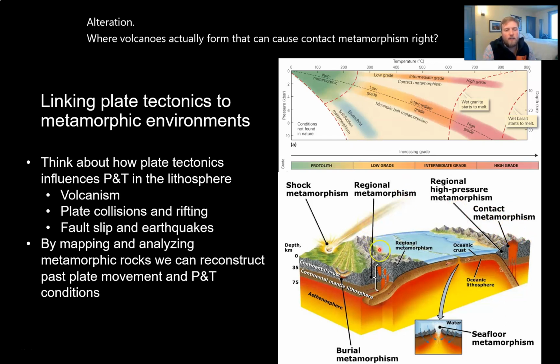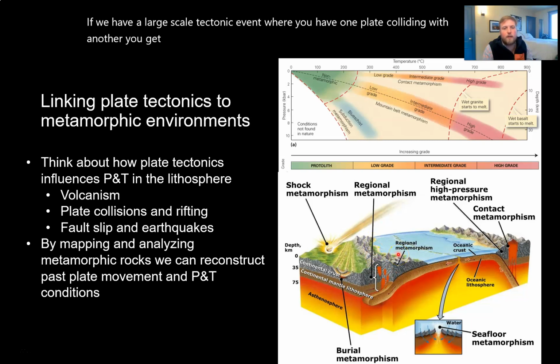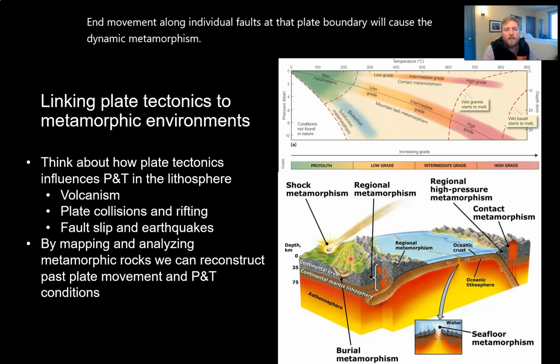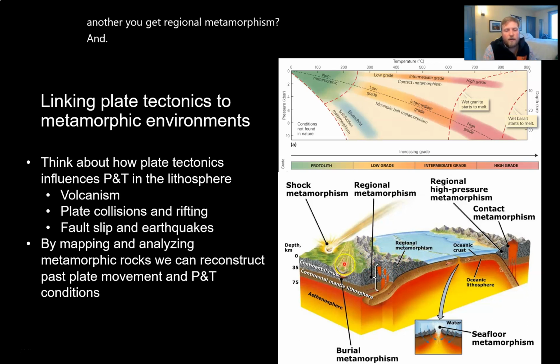If we have a large-scale tectonic event where you have one plate colliding with another, you get regional metamorphism. And movement along individual faults at that plate boundary will cause dynamic metamorphism. And as you bury sediments and sedimentary rocks under more rock, there's higher pressure, and so you get burial metamorphism, and that can be done at an active tectonic boundary.